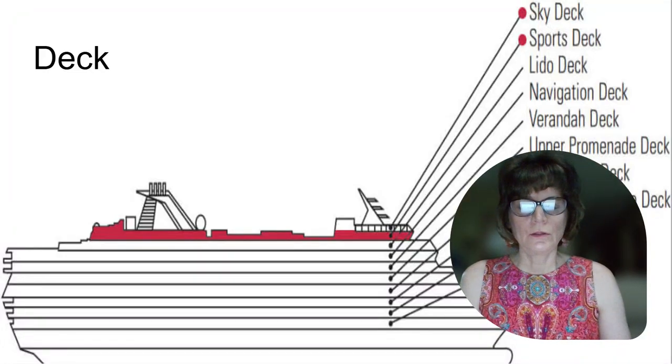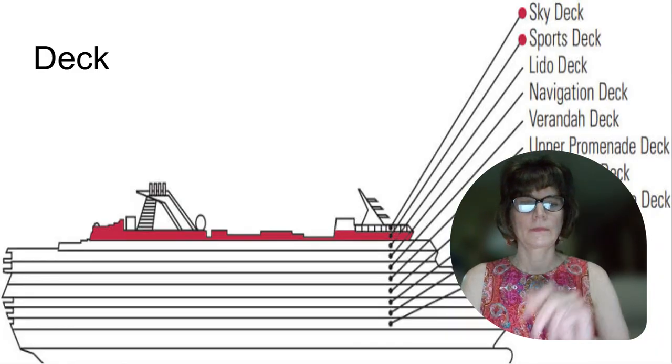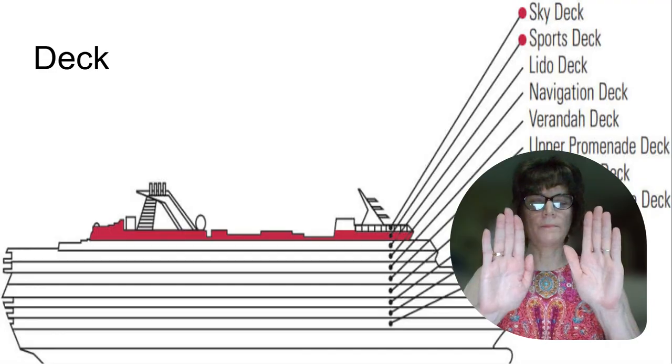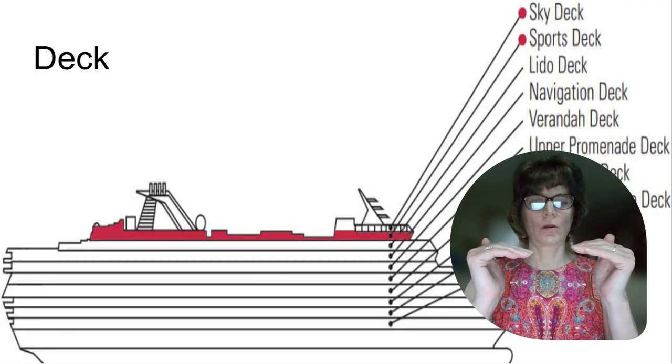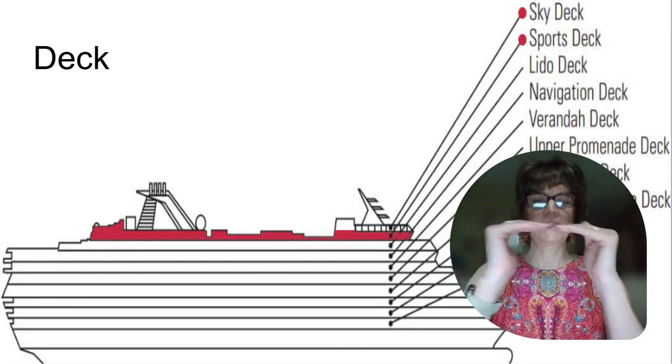Deck. You can finger spell it. And then also you can sign with both hands, going at an angle, going to touch the fingertips, and then you're going to come out. Deck.